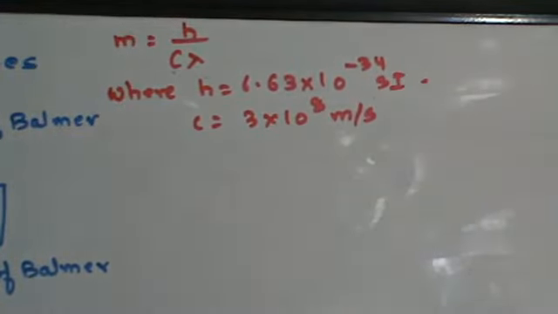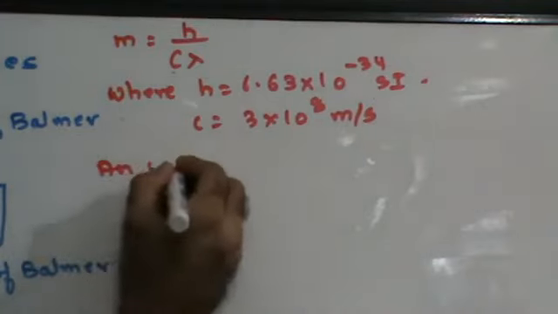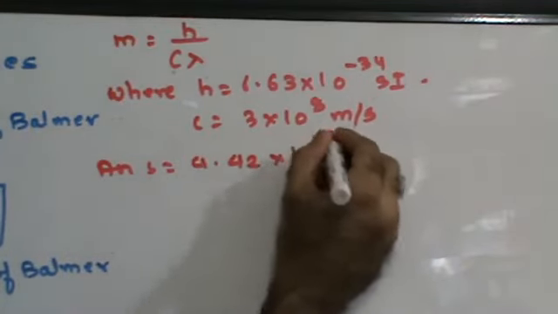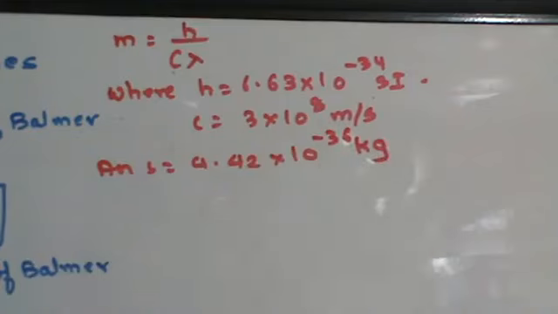Lambda they've given you, so you should be able to get the answer for this. Answer is 4.42 into 10 raised to minus 36 kgs. Next, take down next sum please.